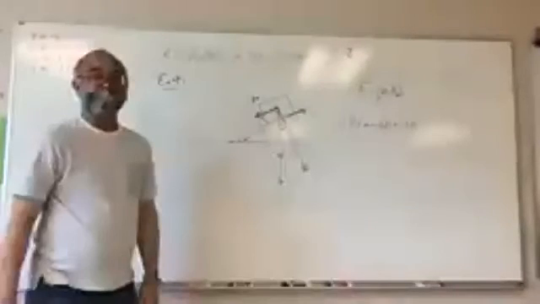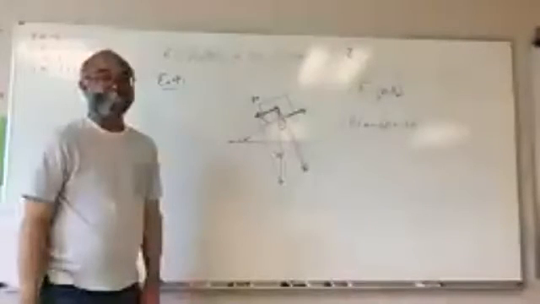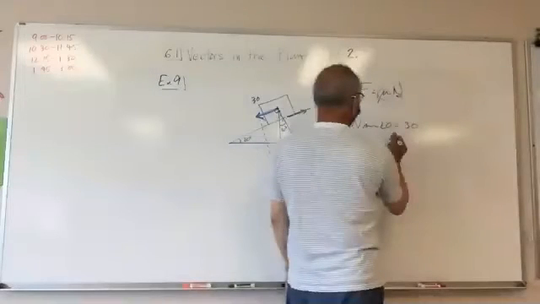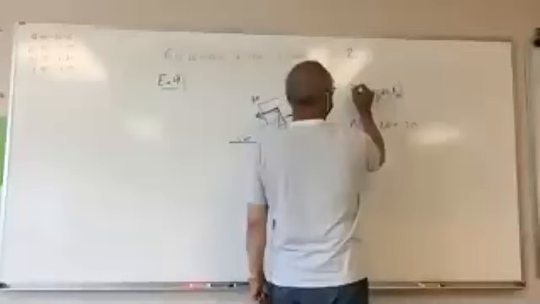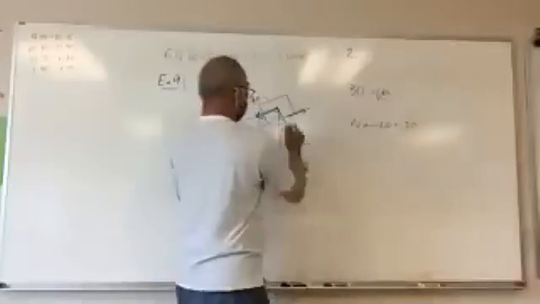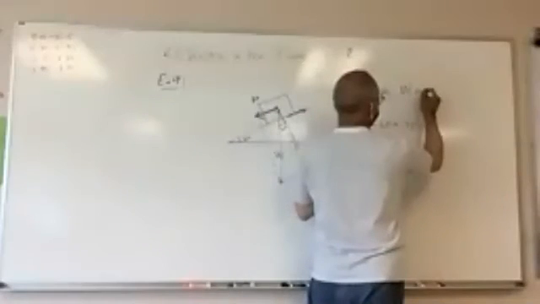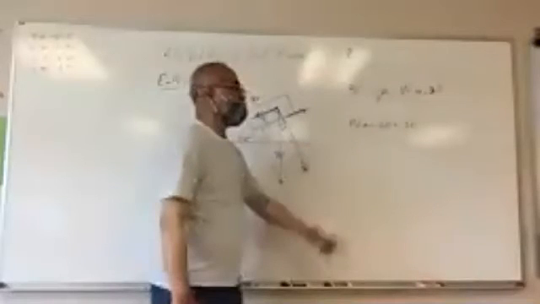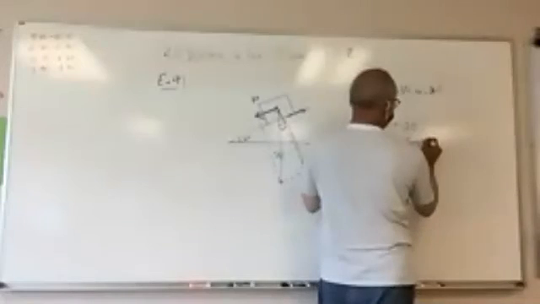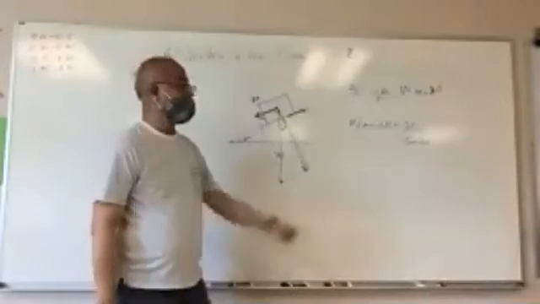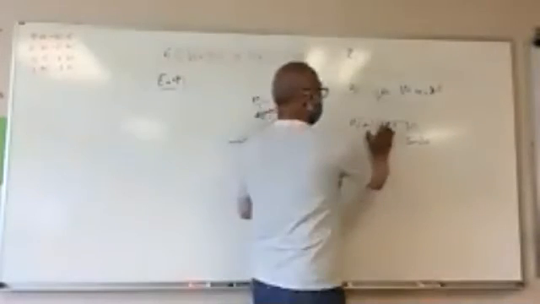Okay. So the friction force we are told is 30 here. And then the normal force here is going to be the weight cosine 20. But the weight here was what? If I divide this out, I can put it in here.